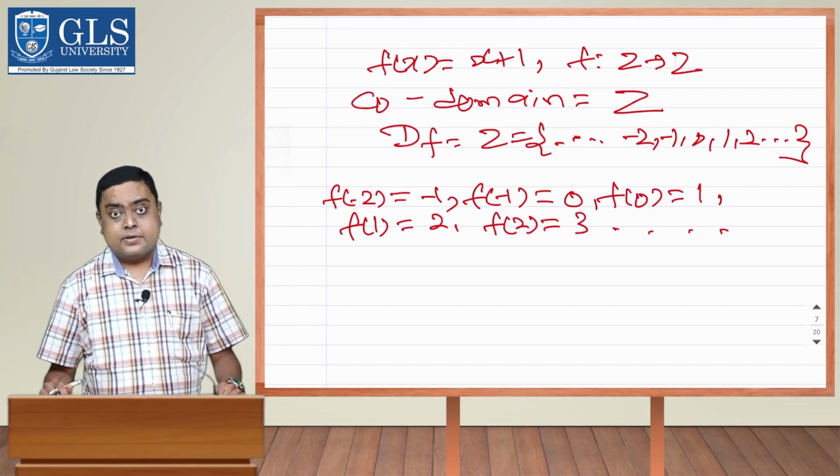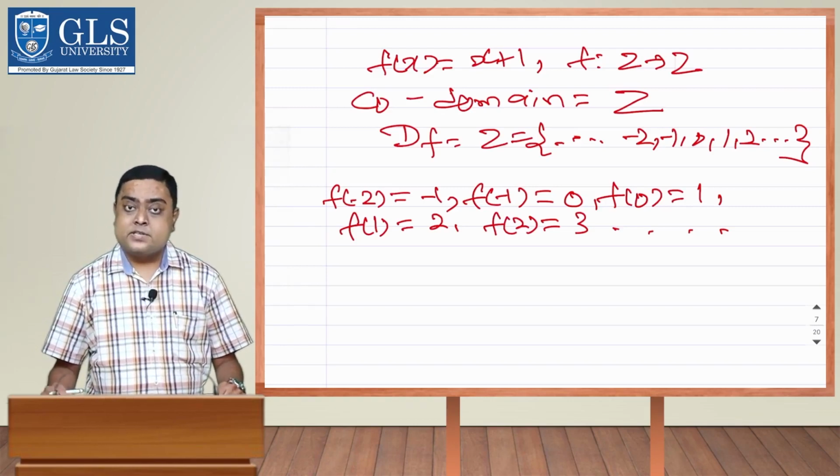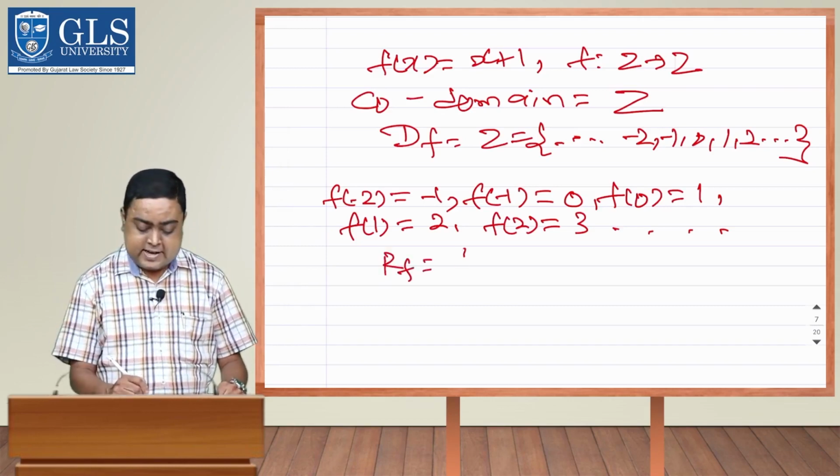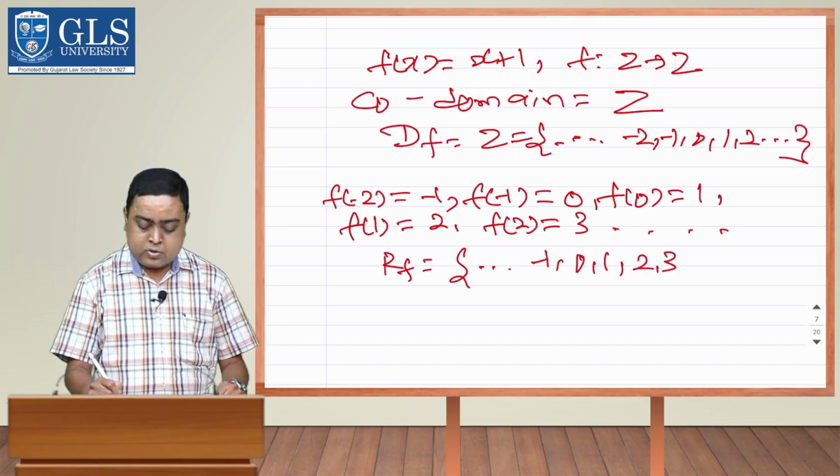Friends, we know that the set of all possible images is called the range. So if I write down the range of this function, it is -1, 0, 1, 2, 3 and so on.